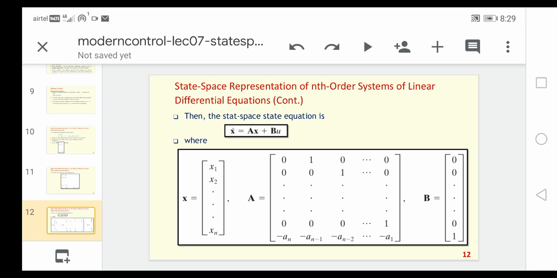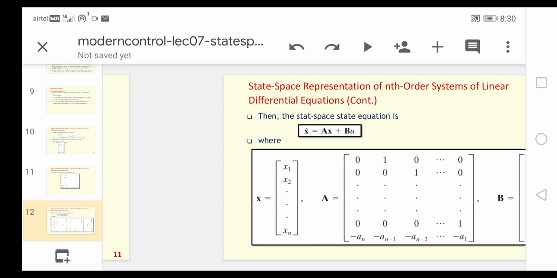Why? Because x1 dot is equal to x2, only in the place of x2 you get 1. In the second equation, x2 dot is equal to x3, so the x3 coefficient will be 1. So x1 is 0, x2 is 0, x3 is 1, and so on 0. That means in the third row we will get 3 zeros and then 1. Why? Because x3 dot equal to x4, like that we are going to write.